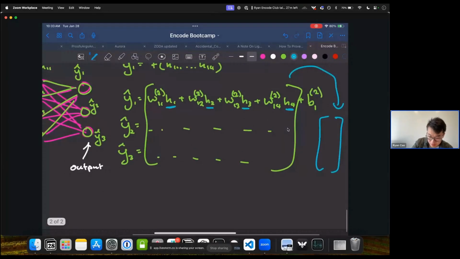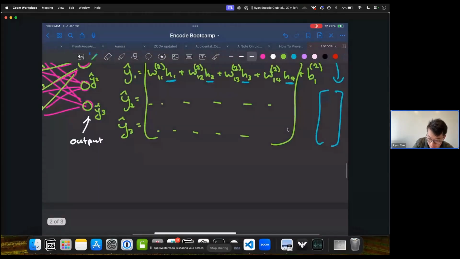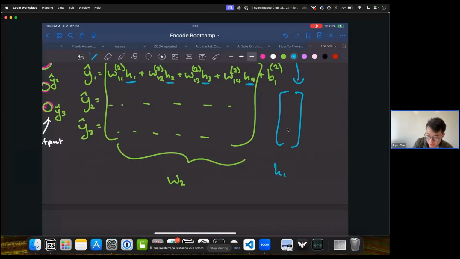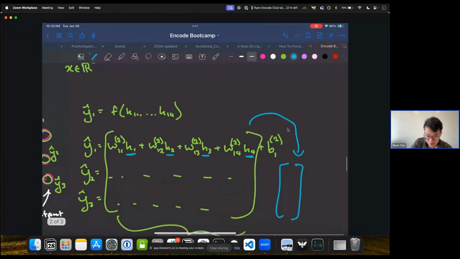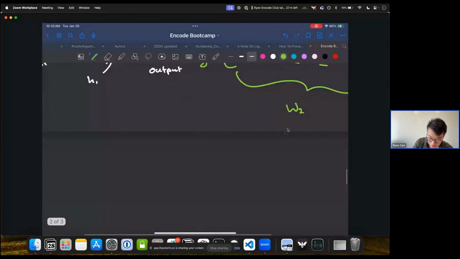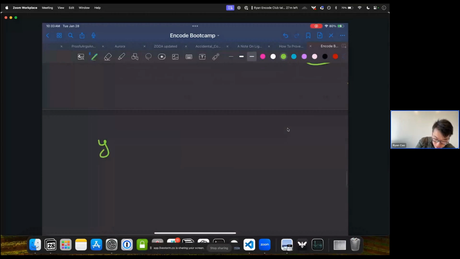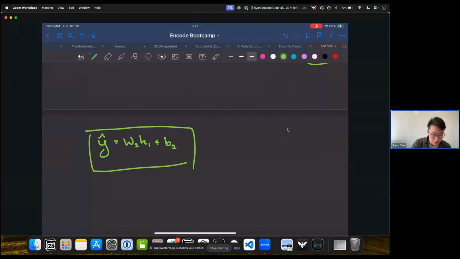Similarly to last time, let us call this weight matrix W2, let's call the h's just H1, and let's call the bias B2, since it's the second layer of bias. So our succinct linear equation looks like y hat in general equals W2 times H1 plus B2. This is the final equation that we're going to be looking at.